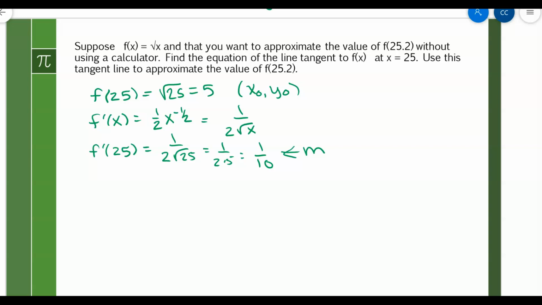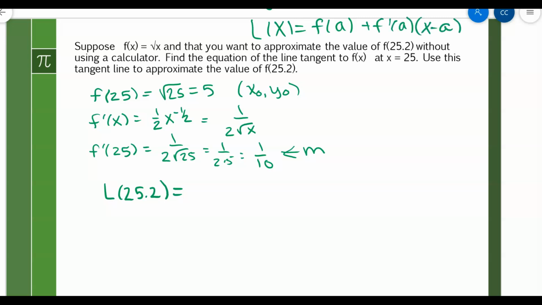Then we're going to linearly approximate at 25.2. Linear approximation is L of x equals f of a plus f prime of a times x minus a, and in this case our x is 25.2.